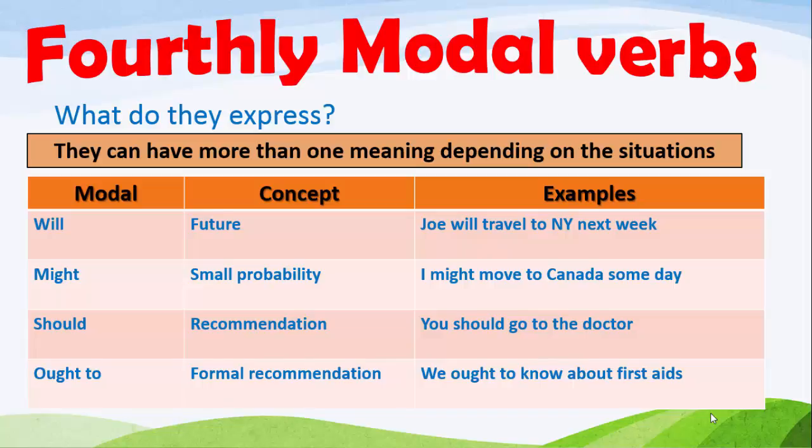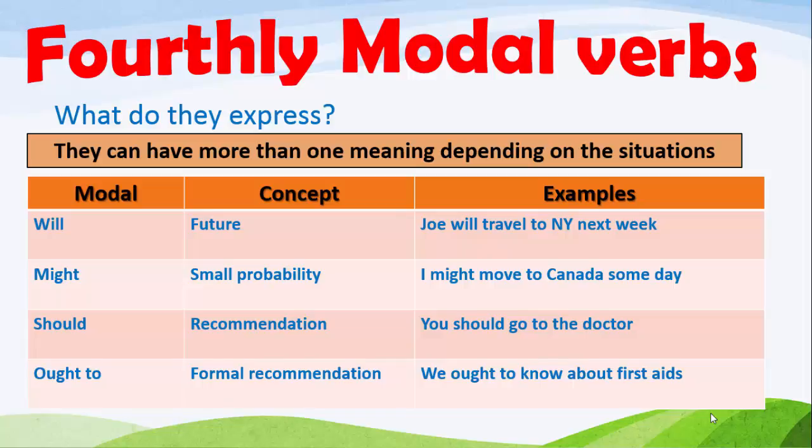I can use ought to for different uses. According to the meaning of the situation, I can identify. Ought to is used to express obligation, when you are obliged to do something. When I say, I ought to get up early to go to my school, I am obliged to do that.